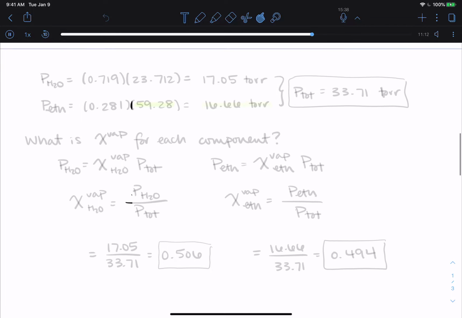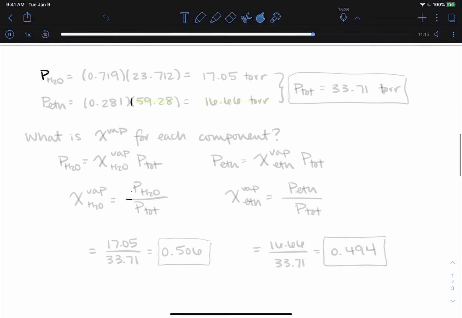So my pressure over solution for the water is the mole fraction of water, which is 0.719, times the pure vapor pressure, which is 23.712. And this gives me 17.05 torr. My pressure of ethanol is 0.281 times my pure vapor pressure, 59.28.